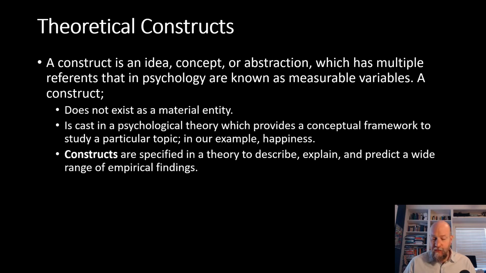There's an example from your book from 2007 by Corey Keyes, where he defined a conceptual construct of mental health. So when we say someone is mentally healthy, how do we operationalize that? He studied it from a clinical perspective. He looked at things like, are you reporting any negative affect, things we associate with so-called abnormal psychology?